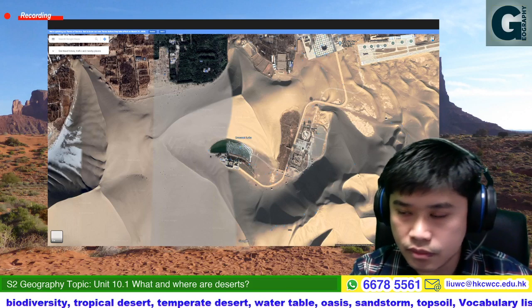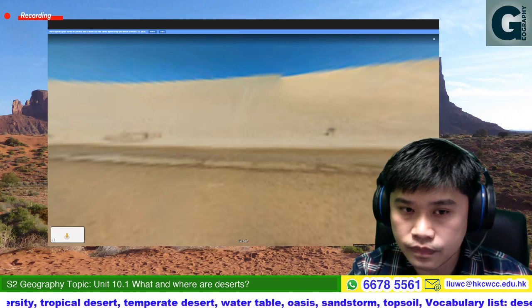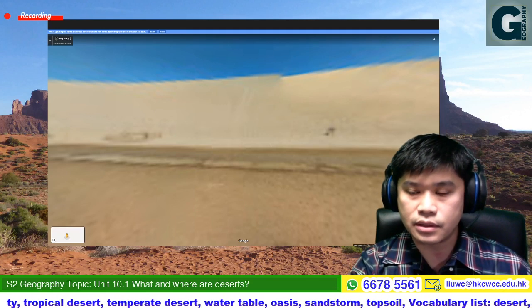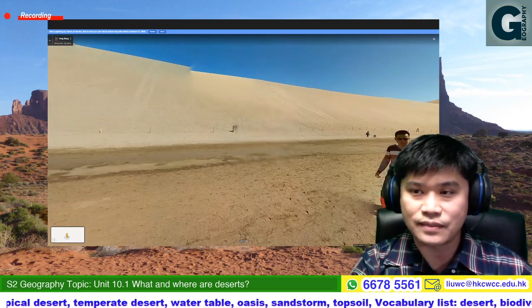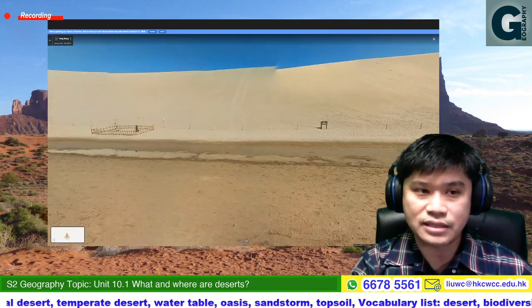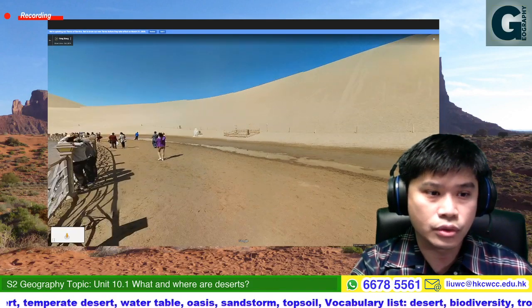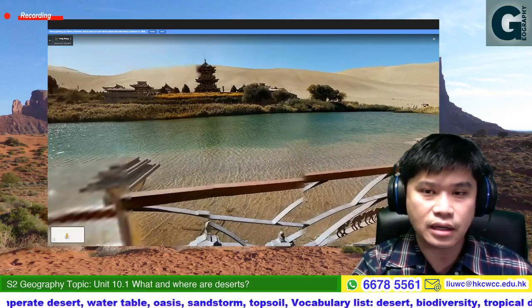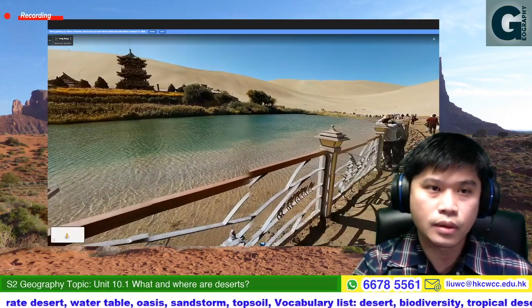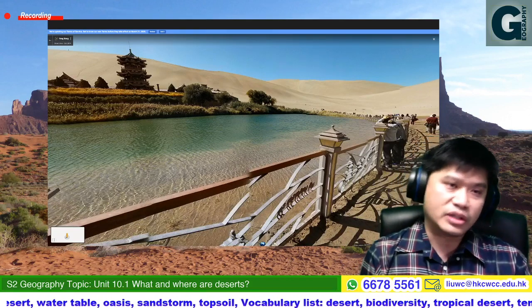If I remember, yes, this one. What you may see is the desert, the sandy desert. But if you move back right here, you can see a pool. That could be the oasis that exists in the middle of the desert.